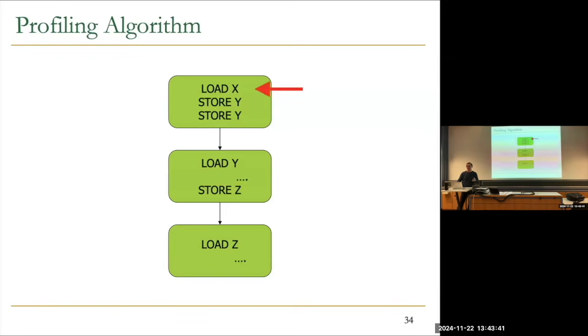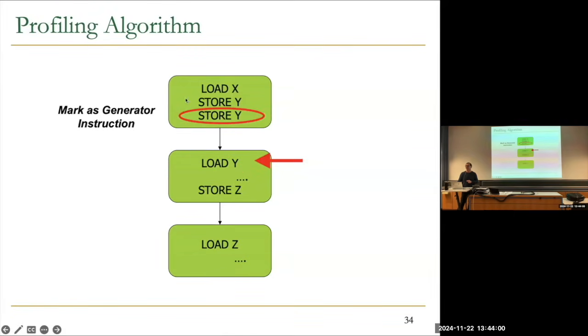Okay, so in this case, for example, if you profile the program, you will find out that this load Y touches some data that's produced by a prior store. And clearly, this is intersegment data. You can identify intersegment data easily. And you can mark this last store as a generator instruction, not this store, in this particular case. You can mark both of them, but then you may be sending some useless data unnecessarily.